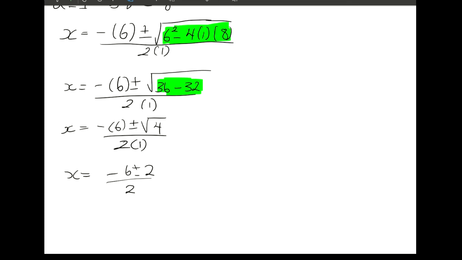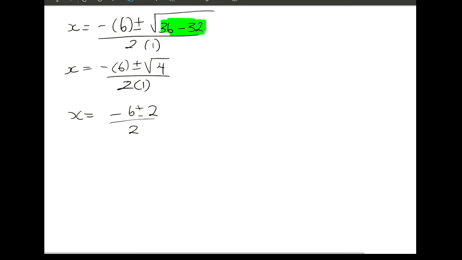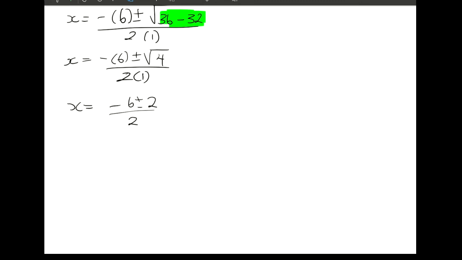Now the equation is x is equal to negative 6 plus or minus 2, divided by 2. This is where the plus or minus comes in, because it speaks to the 2: the 2 is positive and the 2 is also negative.